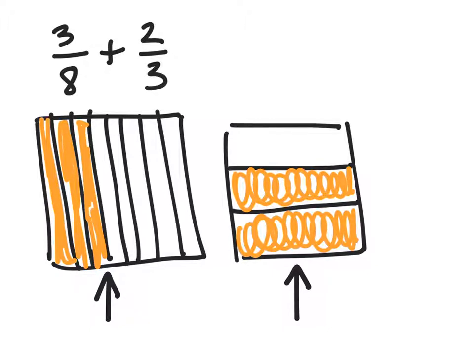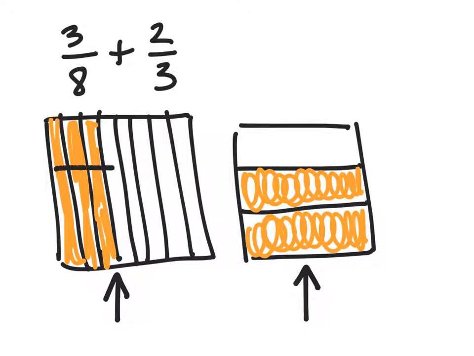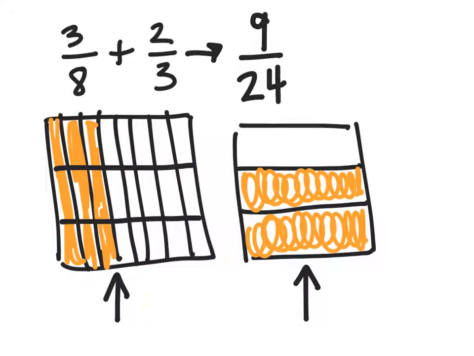For the first model, we can multiply the eighths by 3. There we go. Multiply the eighths by 3, and then that will give us 3, 6, 9 24ths.